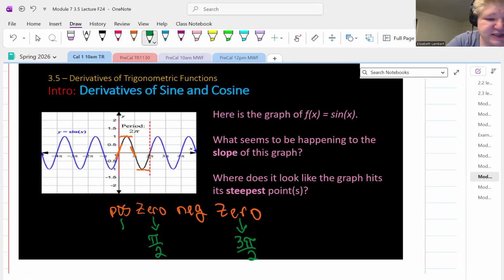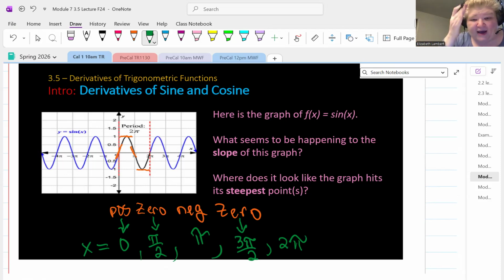Our positive slope here is occurring at, these are our inputs, our x values, 0, then pi over 2. Then the negative slope we were marking at pi, then 3 pi over 2. And then if we continued the pattern, just because that's how we always deal with our sine functions, we have the 5 key values there.